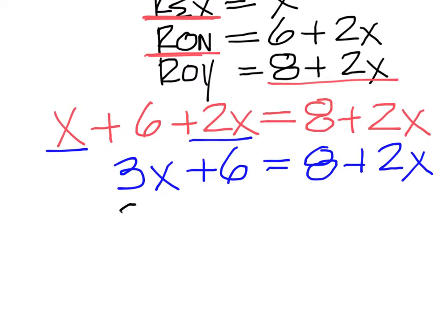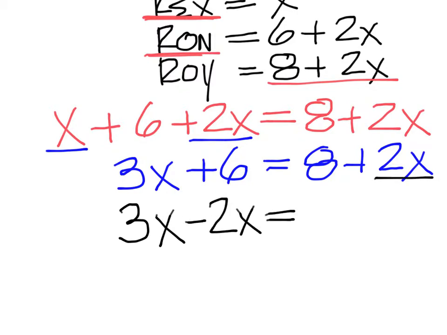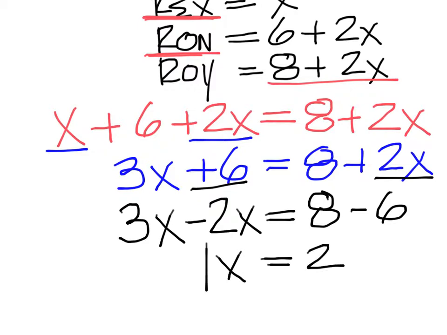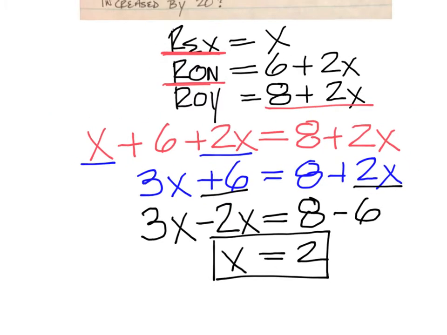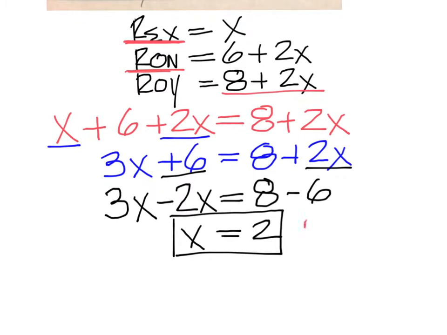You're going to leave your 3x on the left and move that 2x to the left, changing the operation. And then 8 on the right side, move the 6 over, make it minus 6. 3x minus 2x is just 1x, and 8 minus 6 is 2. So right away we know that Rex has 2.